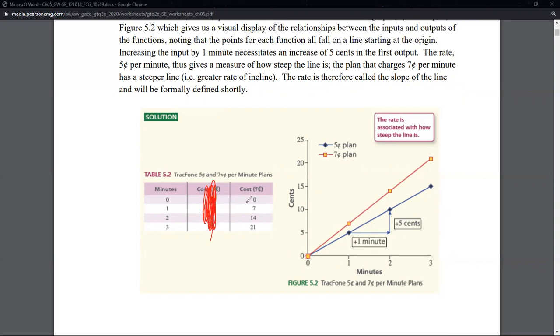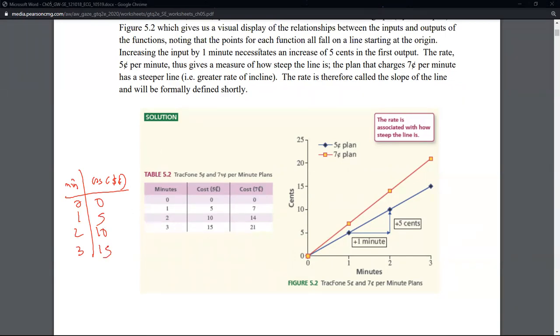I'm not a huge fan of how they set this up. I wish they would have done the more traditional way of just doing 2 tables of values. So for minutes and then cost, which is the 5 cent plan, we would just go 0, 0, 1 minute costs you 5 cents, 2 minutes, 10 cents, 3 minutes, 15 cents.